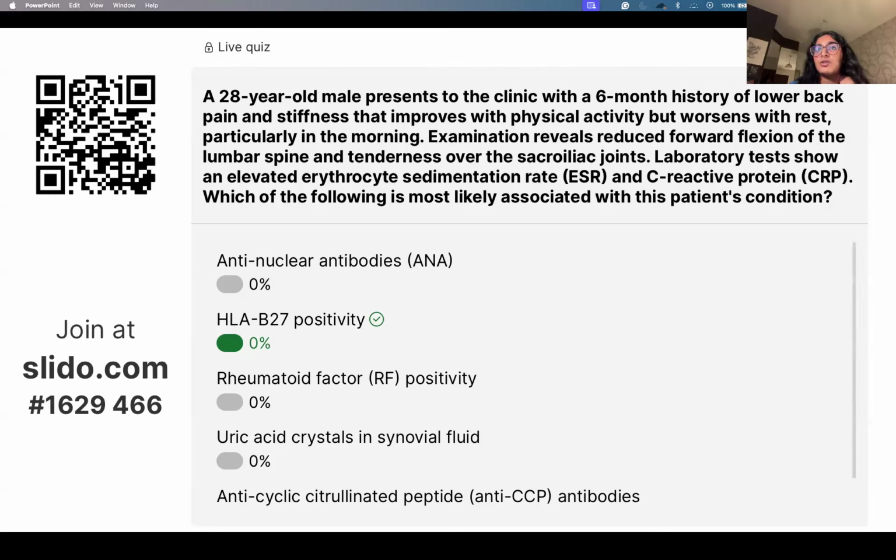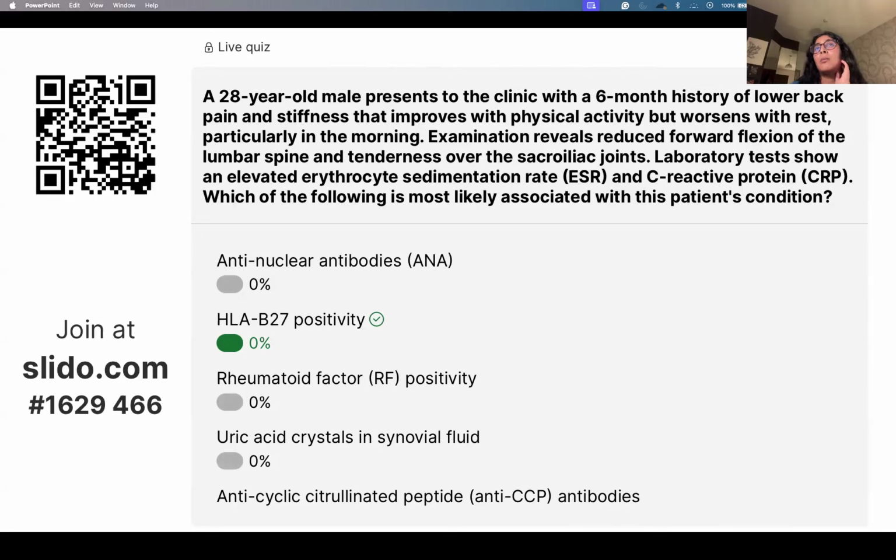So if we go through each of these options, ANA, we've said, is to do with vasculitis. This is a pretty odd presentation, and it's more commonly seen in females as well. Bloods aren't giving you that much. You can't really differentiate between that.